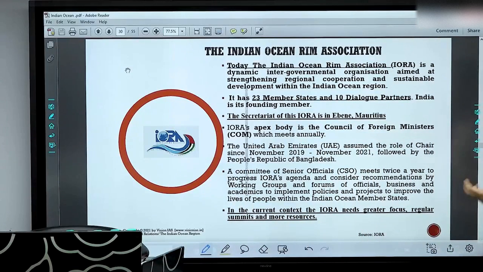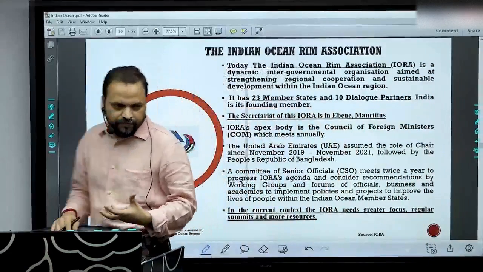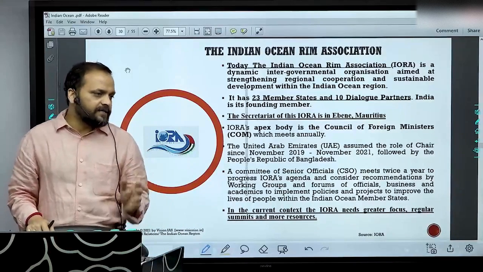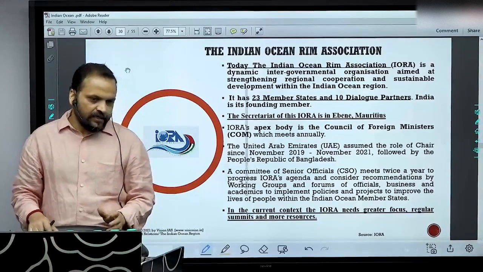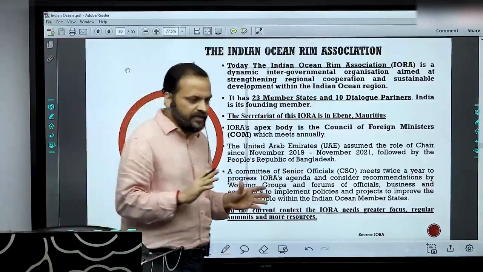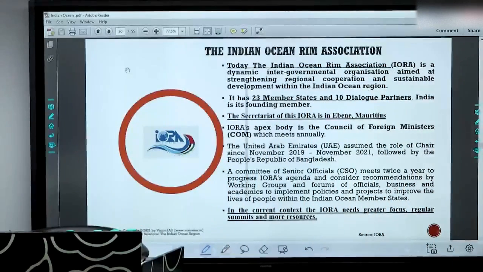And then gradually this becomes in 1997 Indian Ocean Rim Association, initially known as IORARC, right? And then gradually in 2013 the name changed to Indian Ocean Rim Association. That is the history. So ultimately it's a regional organization promoting cooperation among countries of the Indian Ocean.